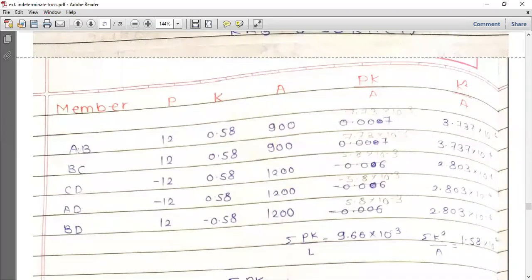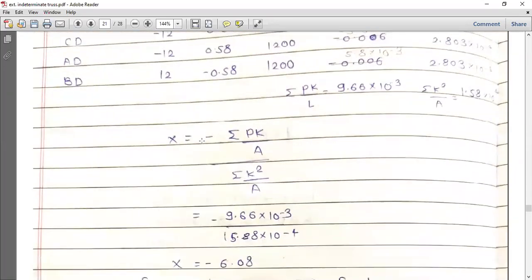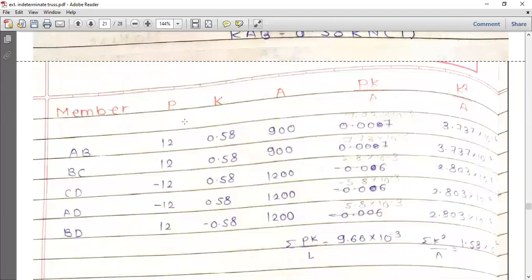So FAB will be equal to P, that is 12, plus X, we have got minus 6.08, into this K. Of course, while picking these values of P and K, you have to take them along with their sign.